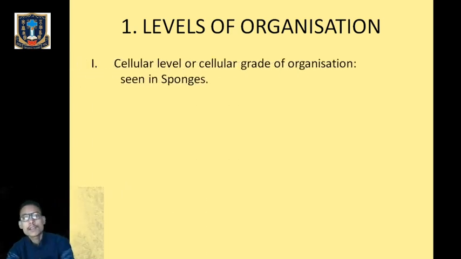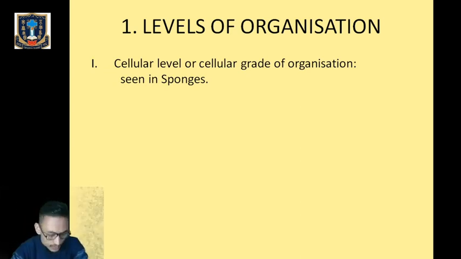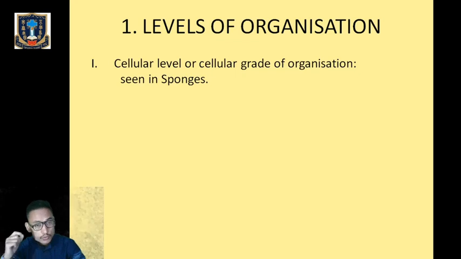The first one is the cellular level, or cellular grade of organization. All animals show some level of organization. The cellular level is mainly seen in sponges, and sponges belong to the phylum Porifera.